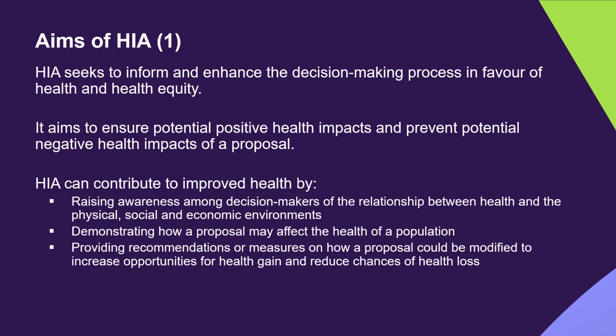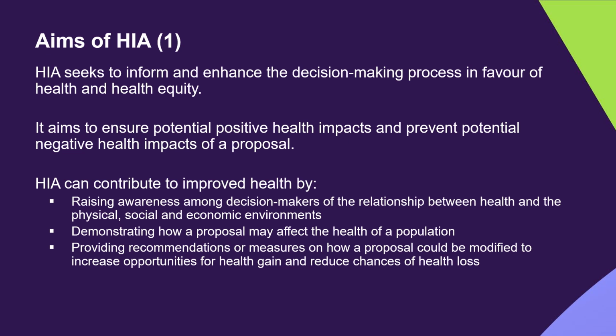Let's move on now to think about the aims of health impact assessment, and these are described over the next 2 slides. HIA seeks to inform and enhance the decision-making process in favour of health and health equity. It aims to ensure potential positive health impacts and prevent potential negative health impacts of a proposal.